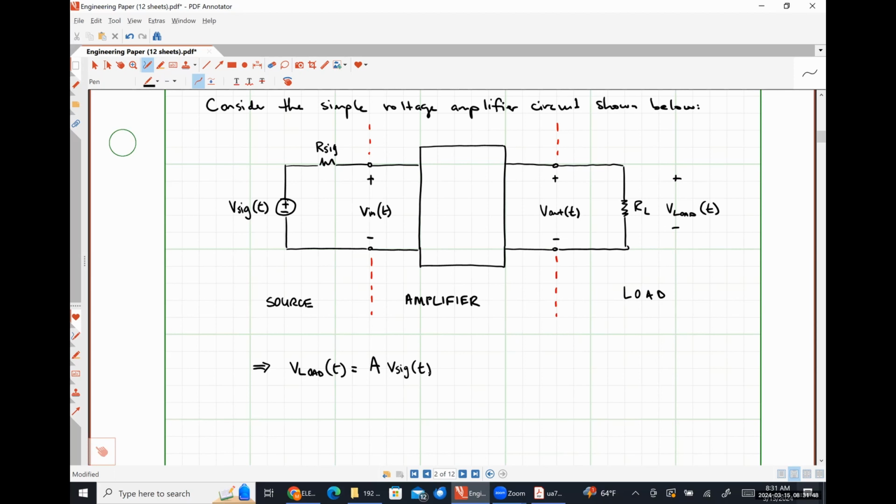So if I look into the input terminals of our network, I'm trying to find a Thevenin equivalent. What do you guys think I might see? What's a Thevenin equivalent circuit composed of? Let's start there. A voltage source and a resistance.